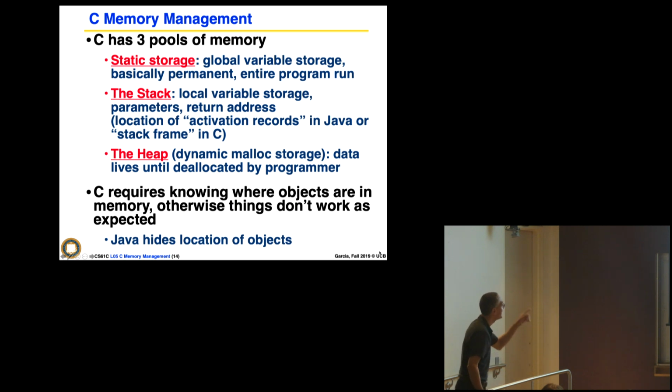The heap, you can make the case, is more interesting than the stack. The heap is this really cool dynamic space. Now, I want to apologize to anybody who's gone through 61B, which should be everybody, because the stack is the name for the space that dynamically grows, like a stack.